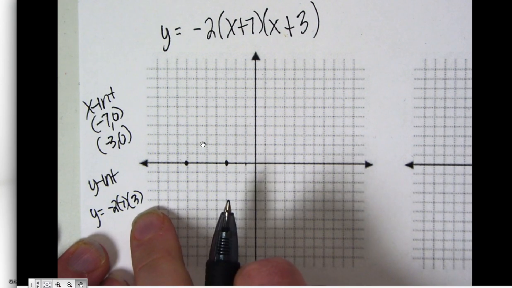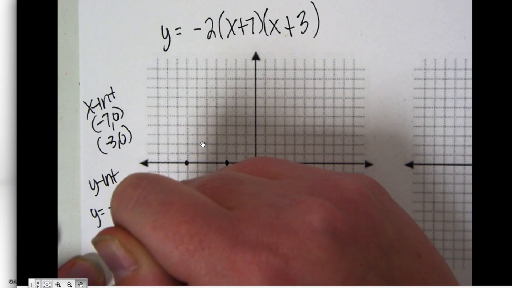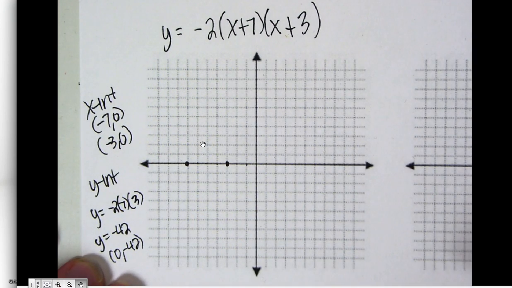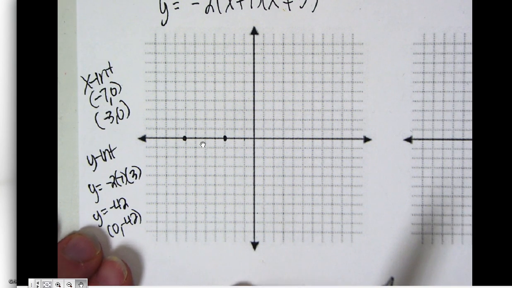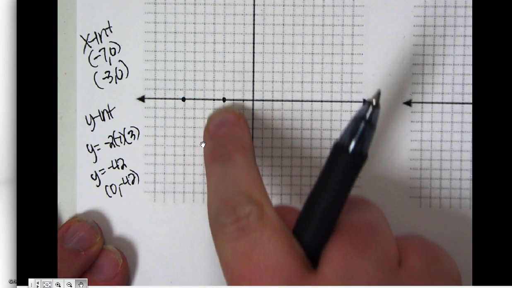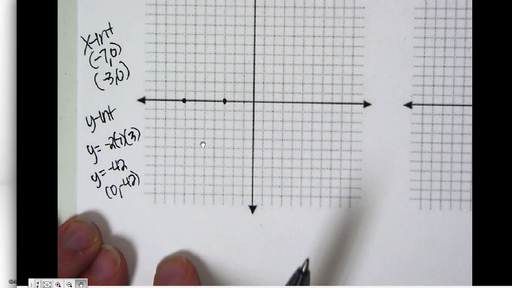That would be 21 times negative 2, negative 42. So (0, -42) is our y-intercept. What that tells me is it's going to be way down here, and I'm already getting a picture of this graph. It's going to be pretty sharp. It's going to come up, curve, and then come back down again.